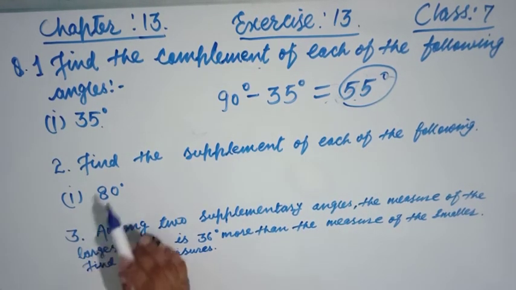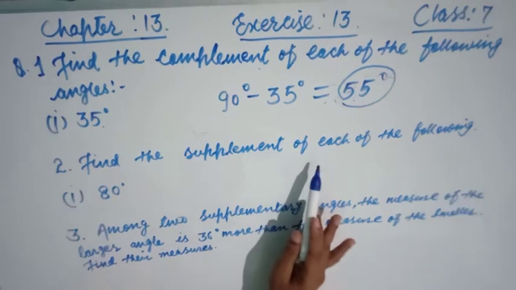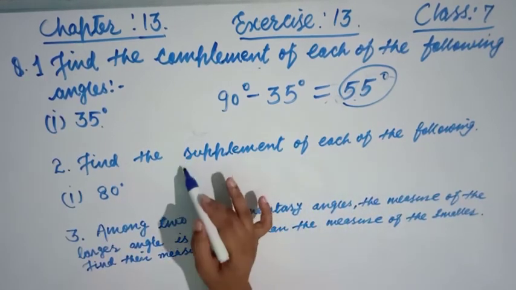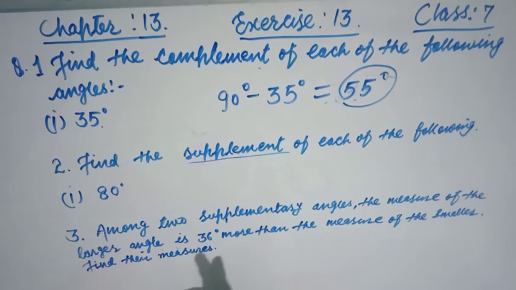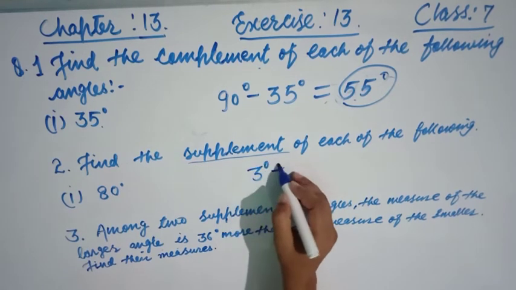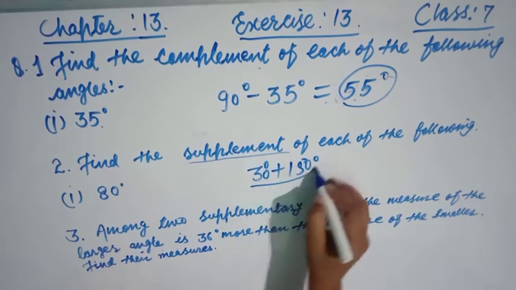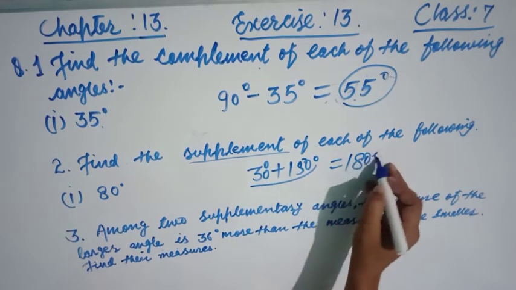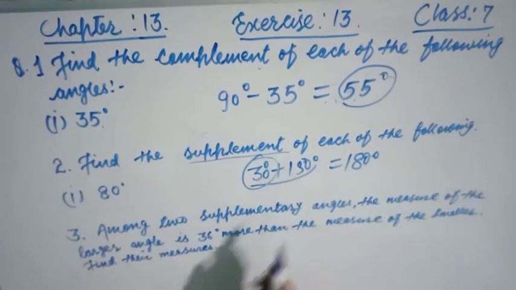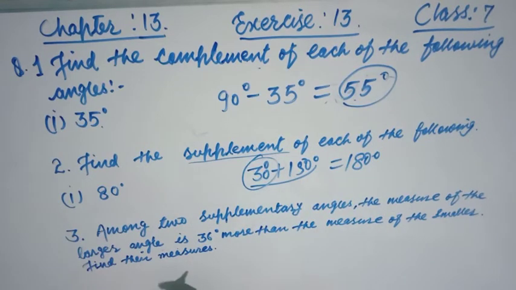Now see, friends, next question: find the supplementary angle of each of the following. Supplementary means the sum of any two angles is 180 degrees, like 30 degrees plus 150 degrees. Because the sum of these angles is 180, this 30 and 150 are called supplementary angles.